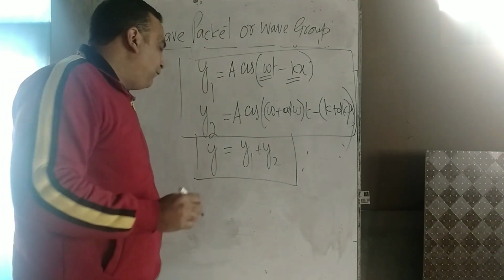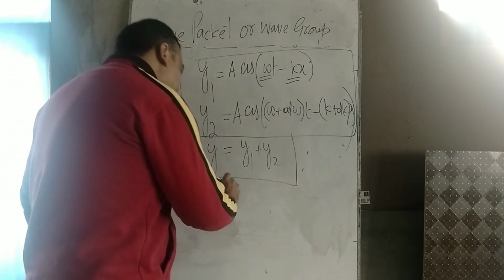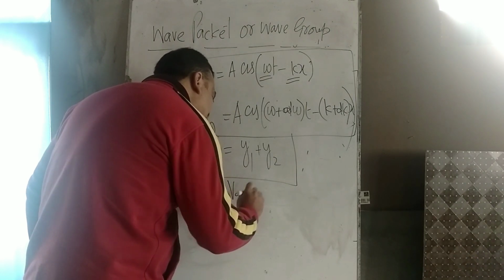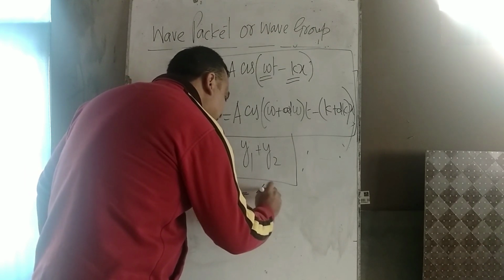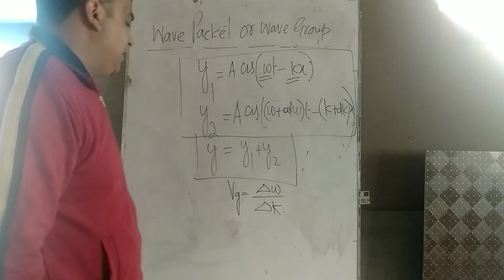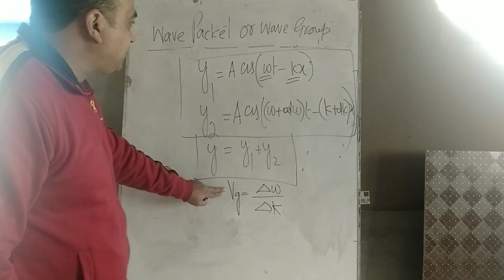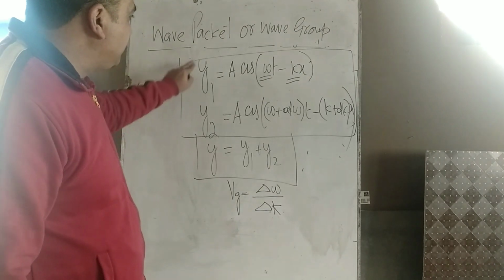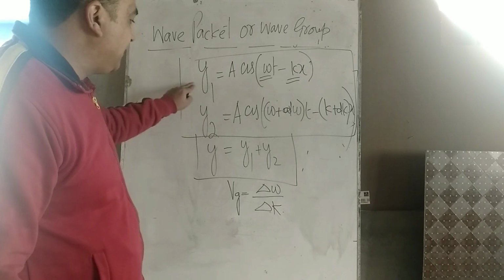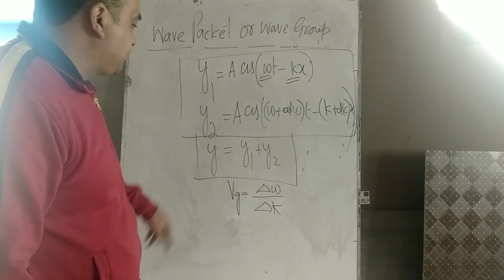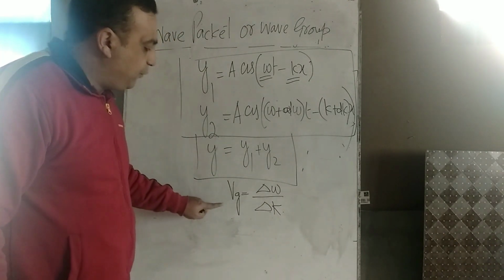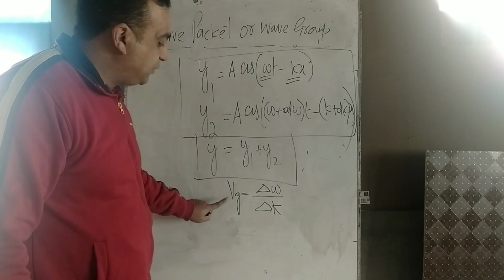In doing so, we come up with the mathematical expression for group velocity, Vg, and that comes out to be equal to Δω divided by Δk. So this Vg comes as a result of superimposing these two wave trains mathematically and simplifying these equations using certain approximations.